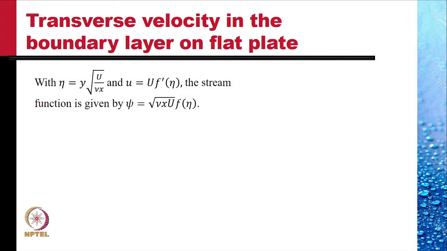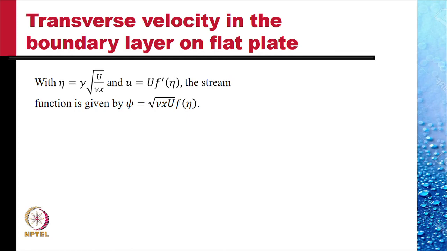To calculate the transverse velocity in the boundary layer on the flat plate, that is the velocity in the y direction, we determine first the stream function with eta equal to y times square root of capital U by nu x, and the streamwise velocity u equal to capital U times f prime of eta.